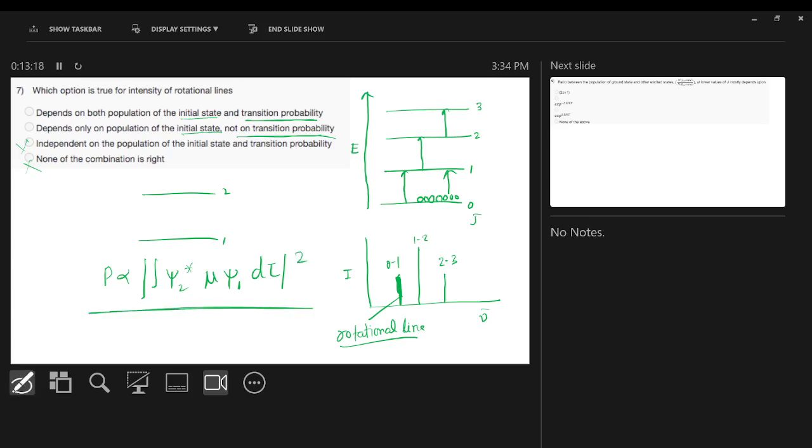This integral, or transition probability, will increase with increasing population. So the first option is the correct choice. It depends on the population of the initial state as well as the transition probability.